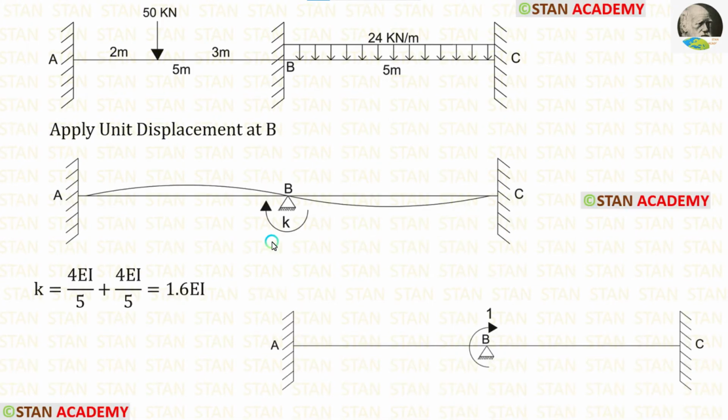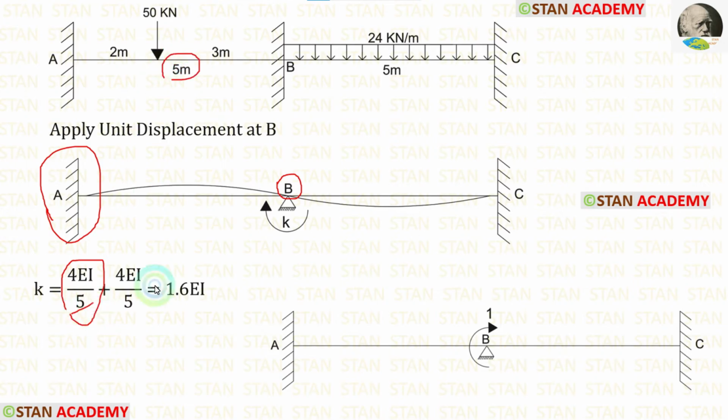Now let us calculate the stiffness. We are having only one coordinate, that is in the point B. So from the point B, we have to look on both the sides. First, let us look on the left side. On the left side, we are having a fixed support. If the far end is fixed, the formula is 4EI upon L. The length of AB is 5 meter.